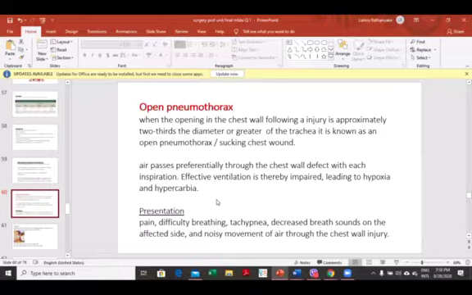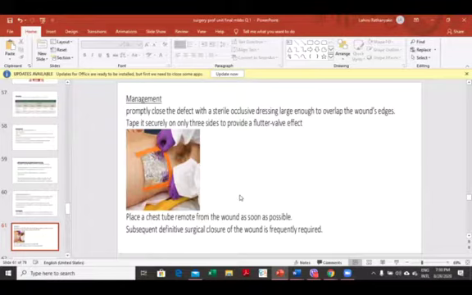How do they present? They present with pain, difficulty in breathing, tachypnea, and you can obviously see the injury. In the management, this is important. With an open thorax, you have to immediately apply a three-sided dressing.